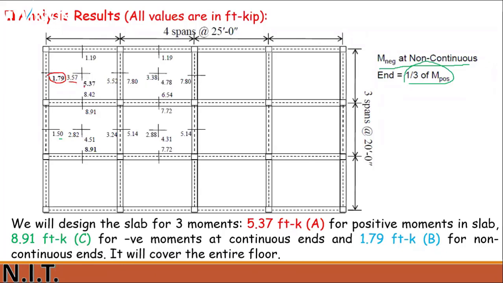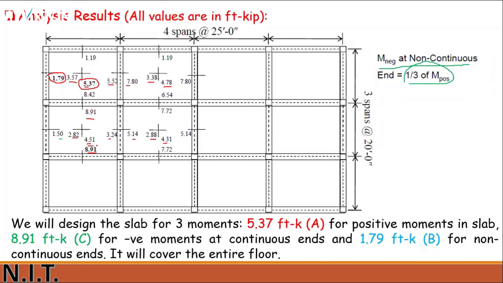There are so many values at the center. Which value is larger from all these 8 values? The larger value is 5.37, so I have selected this one. At the continuous end, you can find out which value is the larger value.